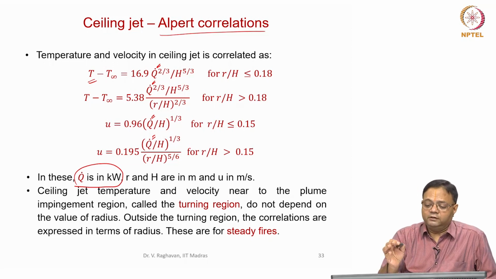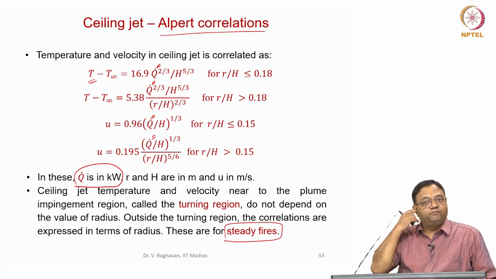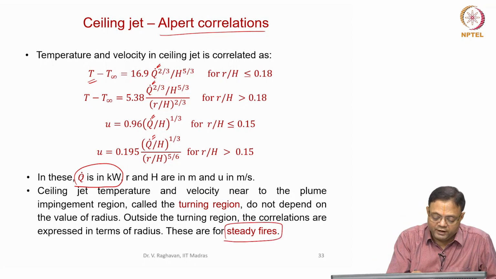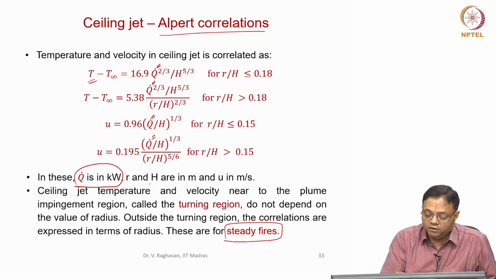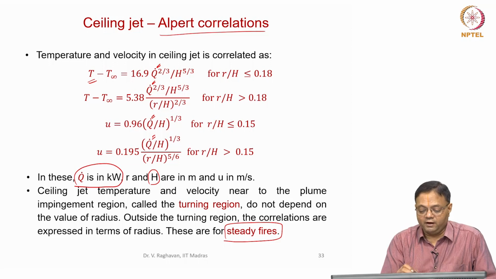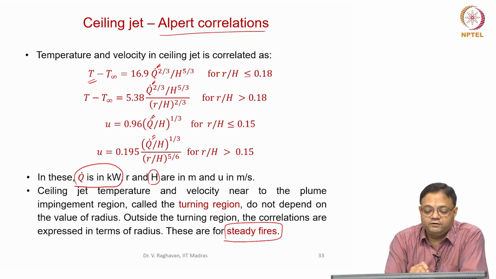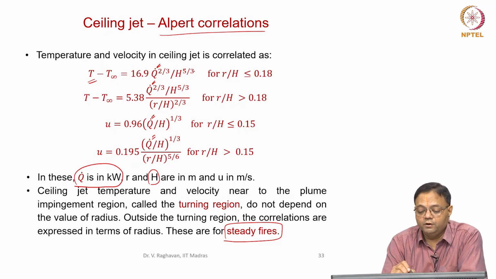Basically, these correlations are proposed by constructing steady fires of different strengths or heat release rates and for various heights, that is the height of the ceiling. Now, T minus T infinity is given as 16.9 Q dot power 2 by 3 divided by H power 5 by 3.